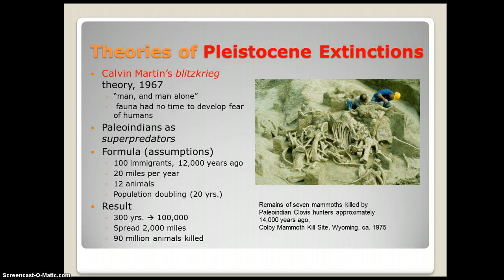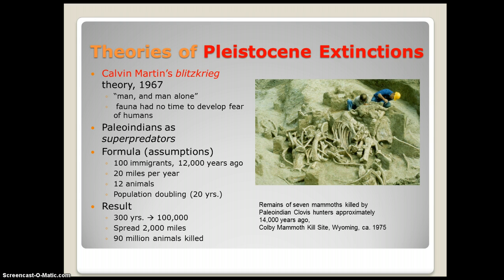And so the idea behind this Blitzkrieg theory, and those of you who know your World War II history know that Blitzkrieg was a form of warfare used by Adolf Hitler in the early years of World War II, and it was intended to essentially overwhelm the enemy. It was the predecessor to shock and awe as a military strategy, that you bring such a fierce amount of offense upon your opponent that in a very short period of time they are demoralized and feel overwhelmed and will surrender.